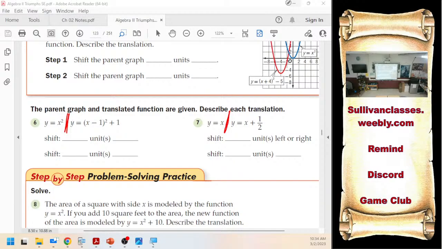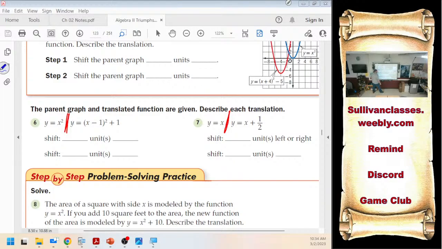So I will not go left or right. No units left or right, 0, and then it would go up 1, up. Yep. Okay, that makes sense.